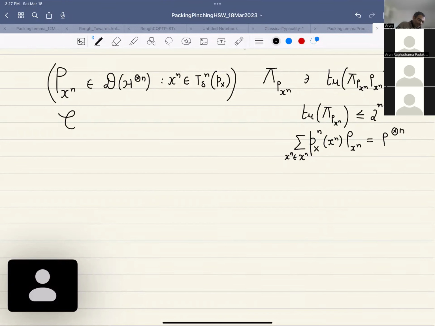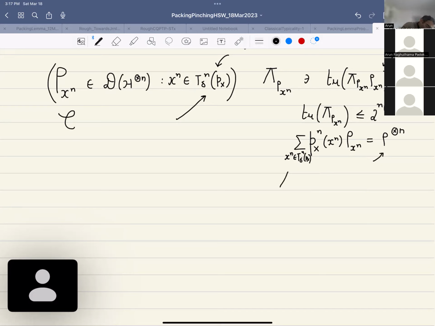But we have chosen only our z to be in the typical set T_delta^n(p_X), because we need this. And we are not guaranteed all this if x^n lives outside. So that means I should take a distribution on T_delta^n(p_X). But this distribution is a distribution on x^n. So there's this little bit of fudging. Let us just say this is T_delta^n(p_X), and let us just say this is rho tensor n.